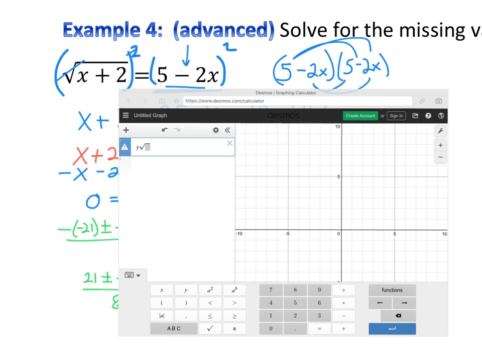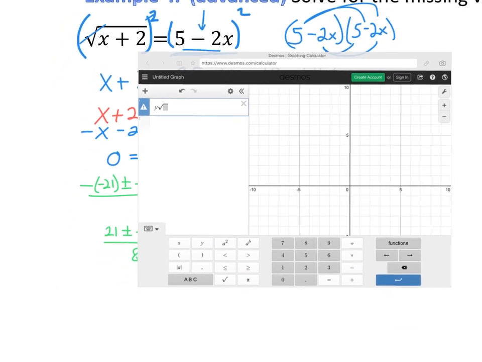So y equals the square root of x plus 2. And y equals 5 minus 2x. So that's my solution right there, 1.557. But I'm going to figure out which of the two exact answers that is.